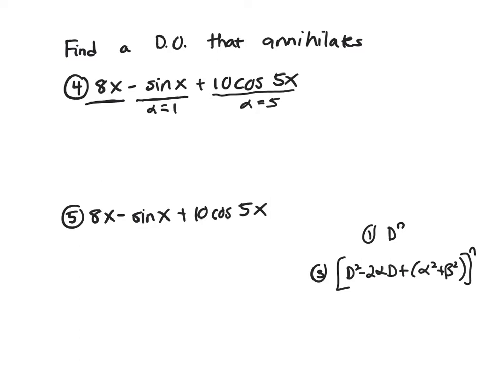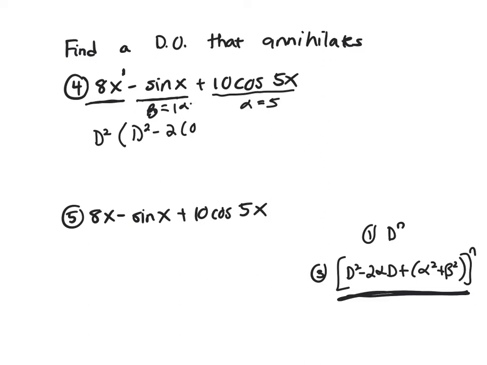So let's look at 8x. What will annihilate 8x? That's going to be a d squared because it's n is 1 more than your highest exponent on your variable, times, this is case 3. I've written the formula in the bottom right hand corner. That will be d squared minus 2 times 0. I'm sorry, that's beta's 1.